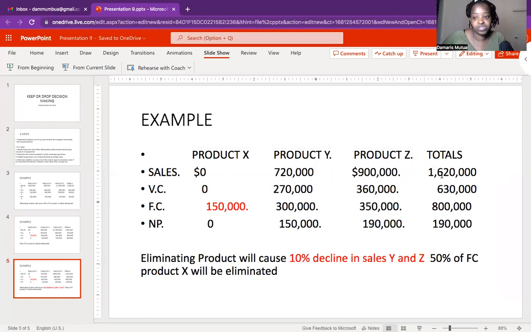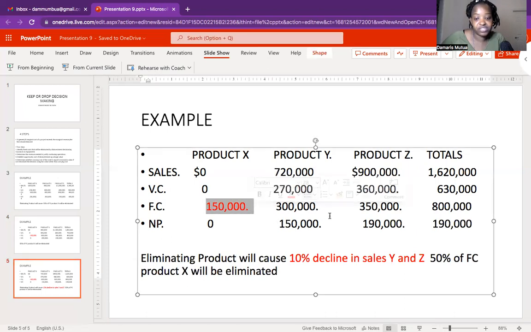Then the totals are here. So total sales is $1,620,000. Variable cost, 630. Fixed cost, including the 50% for product X, that remains 800,000. So net profit will be 190,000.